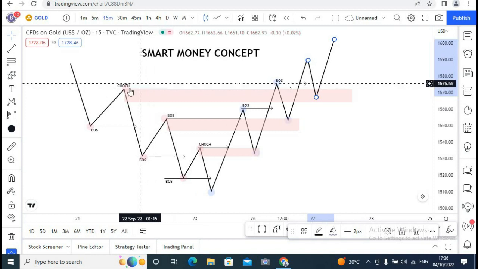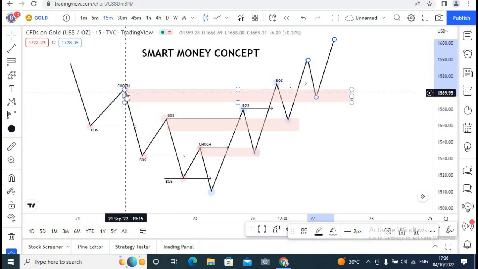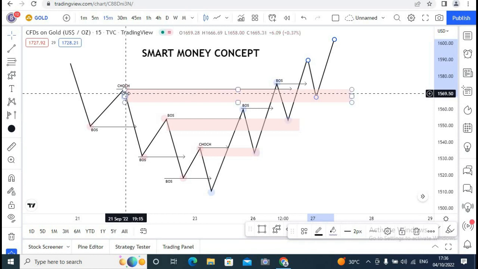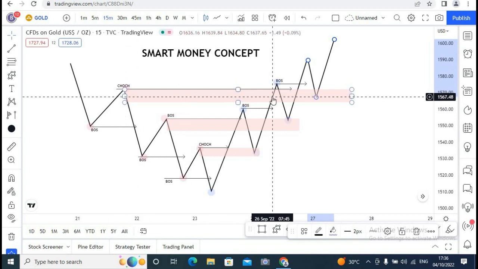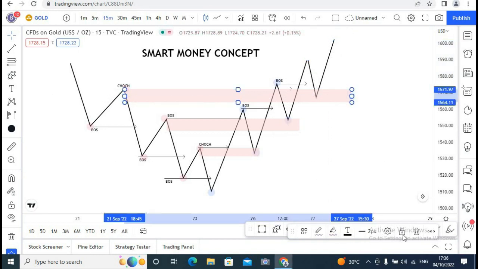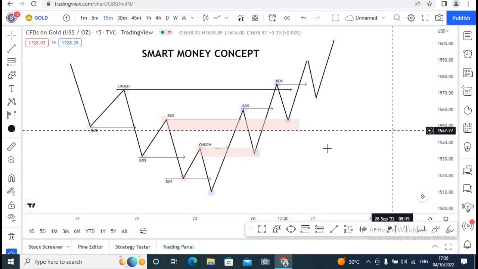Whatever you'll be looking for in the market, you have to understand that whenever price fails to give you a supply, that zone will flip to be a demand. But I'm going to show you the right way to use that flipped demand.